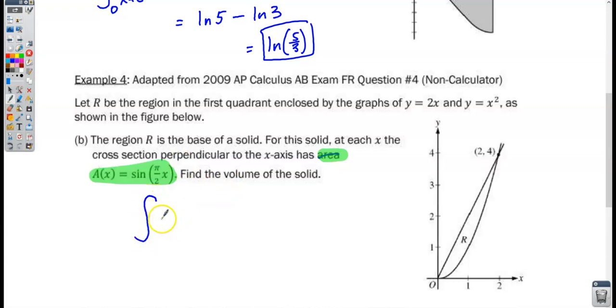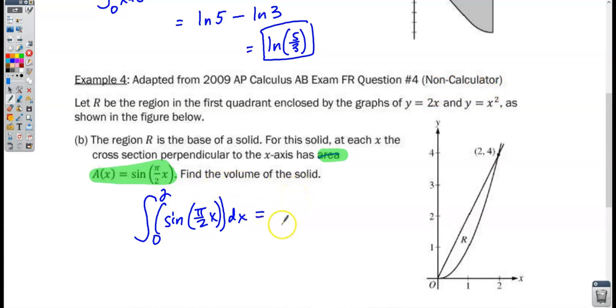It's going to be the integral of the area, and now I just need my limits of integration. Since we're talking about perpendicular to the x-axis, it's going to be x-coordinates from 0 to 2. And there's my setup. Again, this is a non-calculator question, so let's find the volume of this solid.